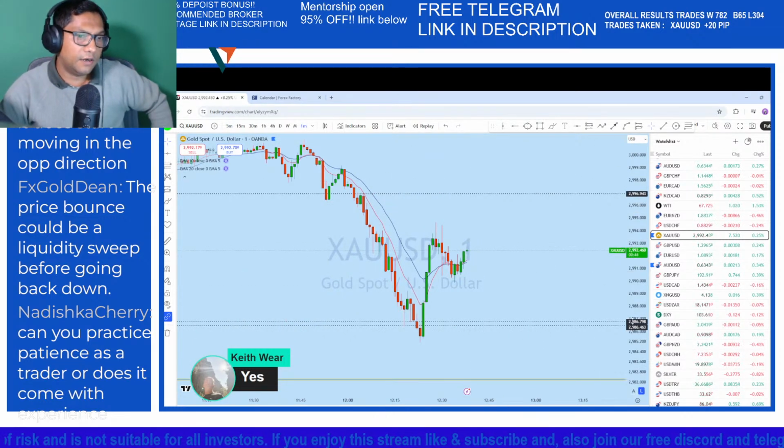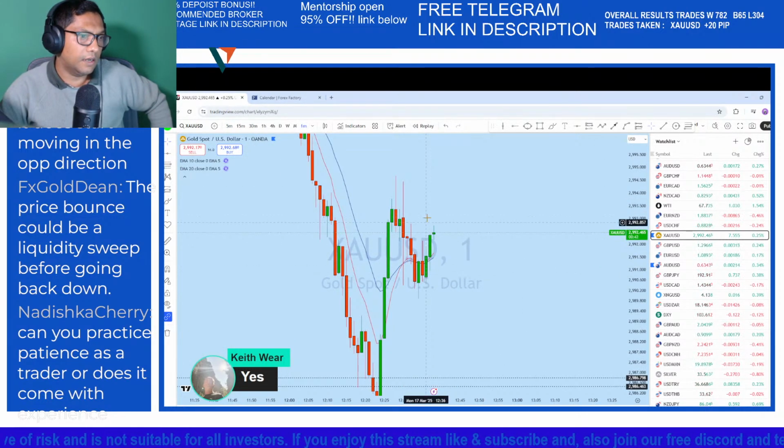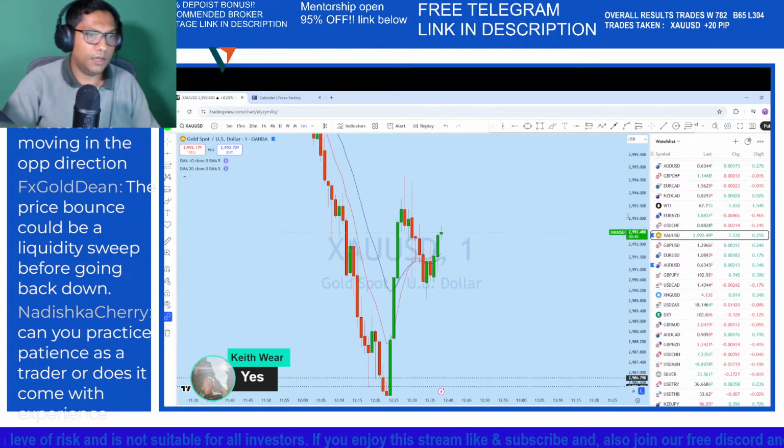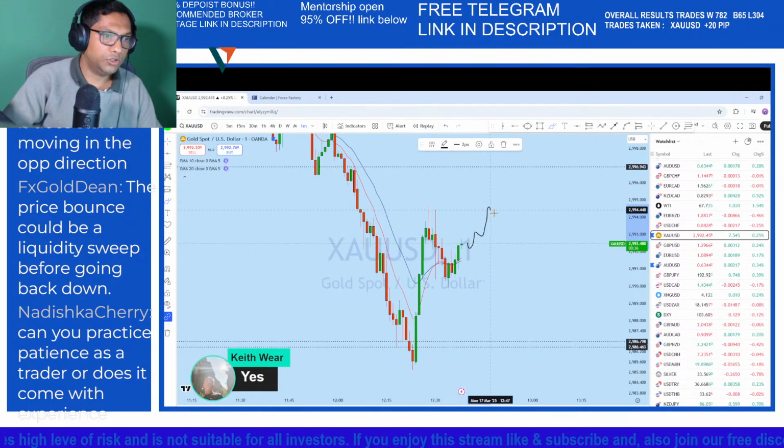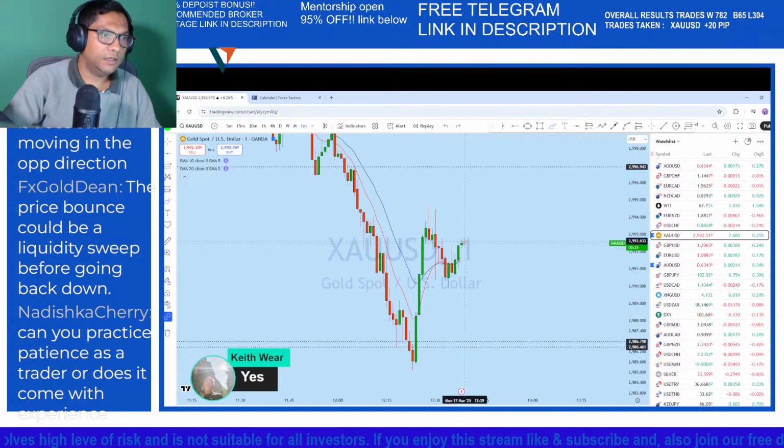We can see here is a green candle, another bullish candle, and with that green and bullish candle, expecting it to potentially trend again to the upside to the resistance line here.